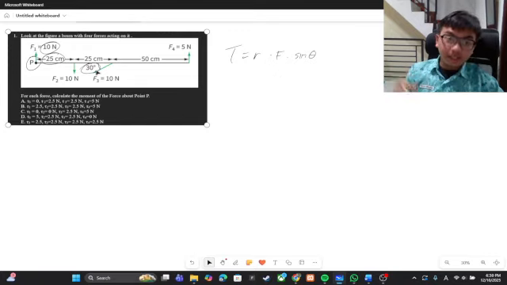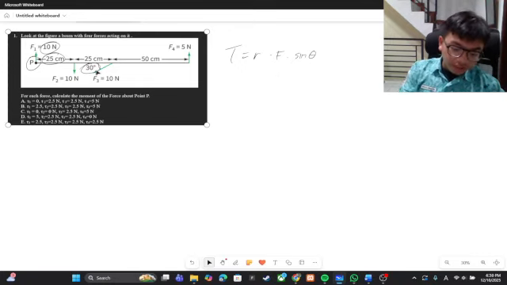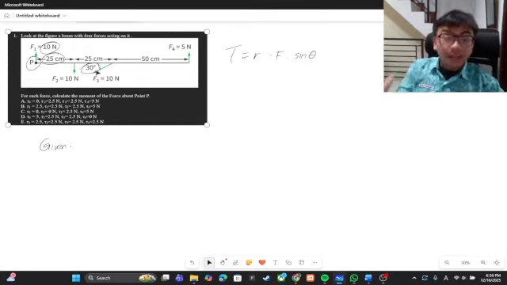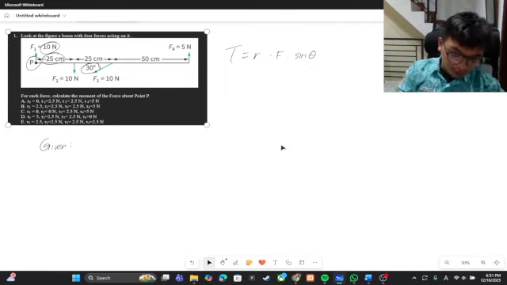So let us start by noting down the given information over here. We know that there are 4 forces given, as well as the various distances. Start with force 1. Force 1 over here is 10 newtons.